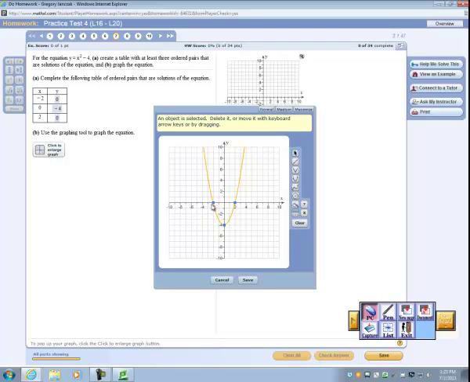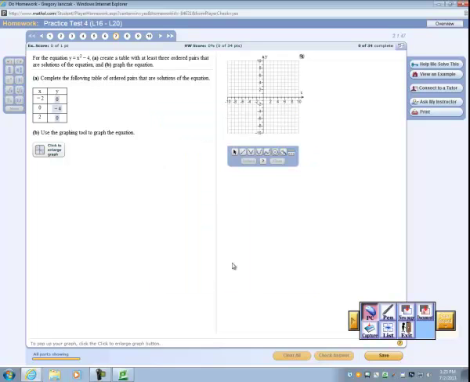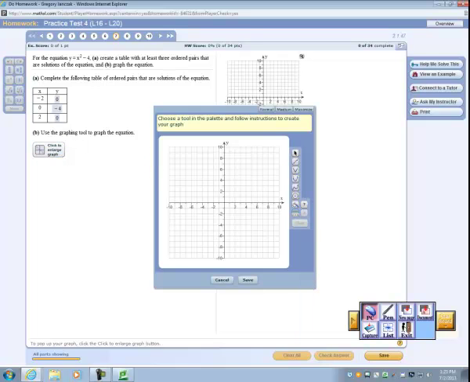Now if you did the -2, 0 first, then 0, -4, you probably could still get it to come out right. Let's see if it does. All right, so we'll do the -2, 0 first, and then the 0, -4. There we go. Yeah, okay, that works too.